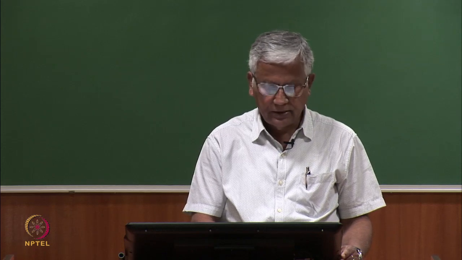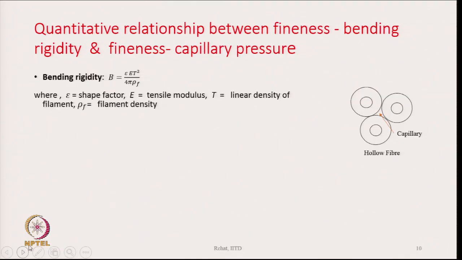Then, the quantitative relationship with fineness: one of the very important properties affected by fineness is bending rigidity. Bending rigidity B is a function of quite a few parameters of the fiber. It depends upon shape factor, tensile modulus, linear density of the filament or fiber, and filament density.